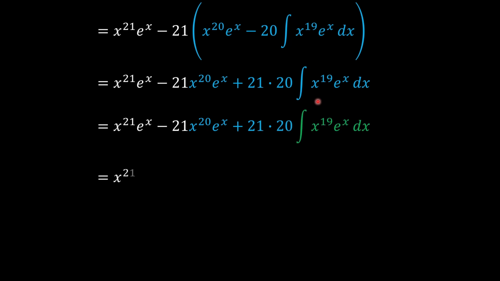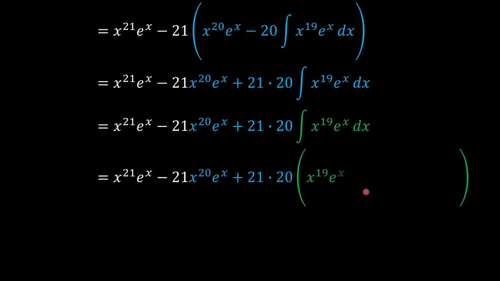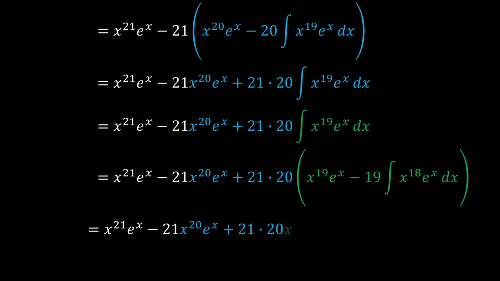If we repeat that same process, we continue going down, and this 19 would become 18 in the next integral. This process can be repeated, and that is called iteration. So we can iterate all the way down to when we have 0 here, that is x to the power 0, which is 1. So that's a very interesting step to undertake.